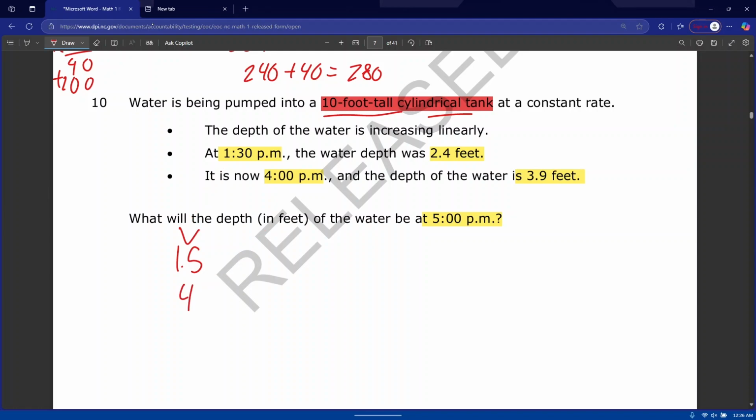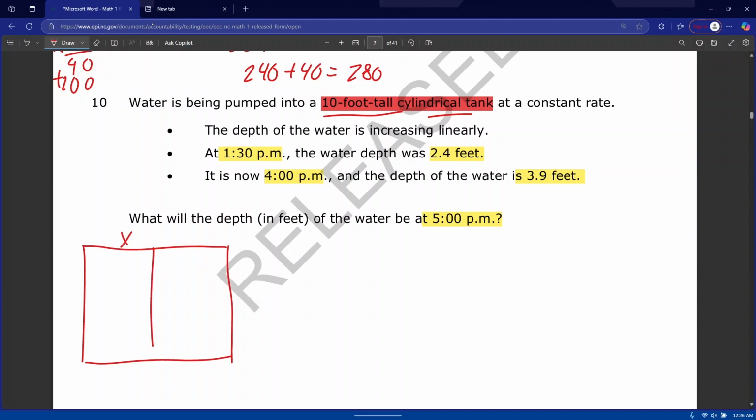Let me make a real quick graph so that we can use slope. X, y, 1.5, 4, and we're going to put 5 here at 5 p.m. 1.5 equals 2.4, 4 equals 3.9.